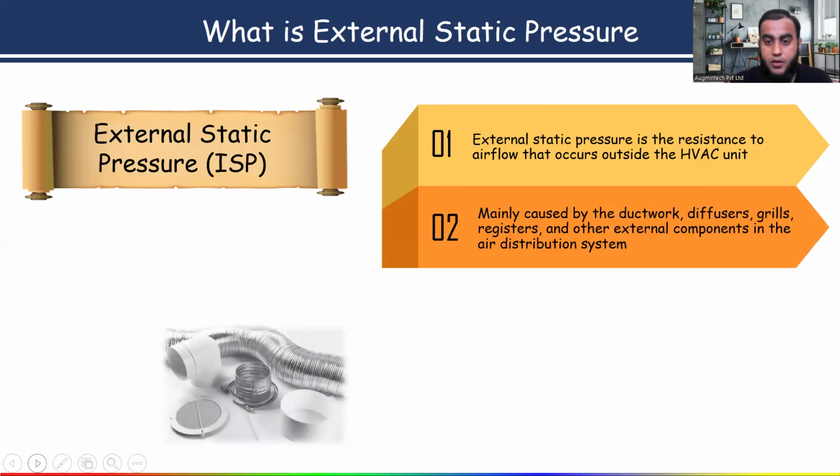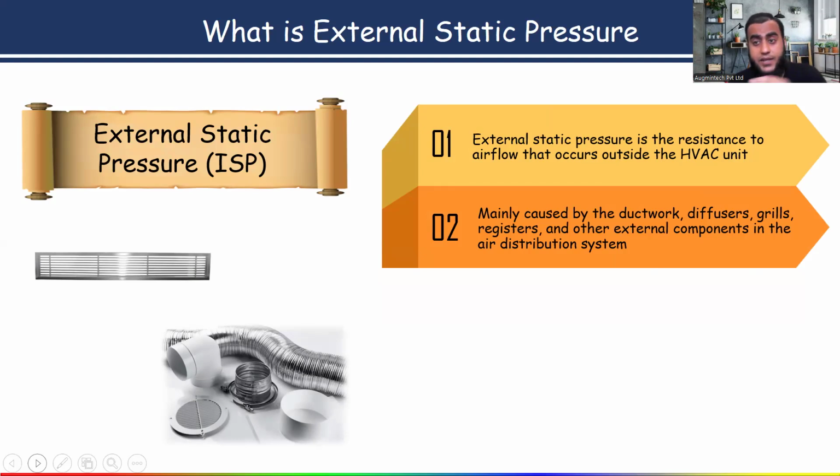It is mainly caused by the ductwork. If you are using an air handling unit to supply conditioned air to multiple rooms via ductwork, this external static pressure is caused by the ductwork, diffusers, grills, registers, and other external components in the air distribution system.